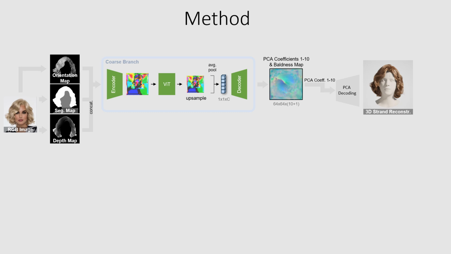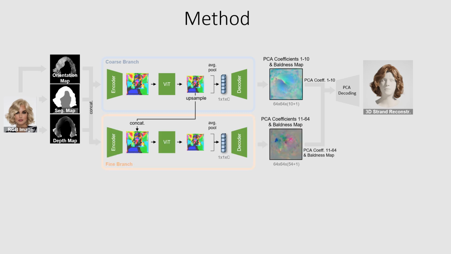We concatenate across channels and send it through a convolutional encoder architecture. Obtained features are further refined using a ViT transformer architecture and decoded into PCA components and a baldness mask. We train this model on synthetic data and supervise with 3D geometry losses on points, directions, and curvatures.